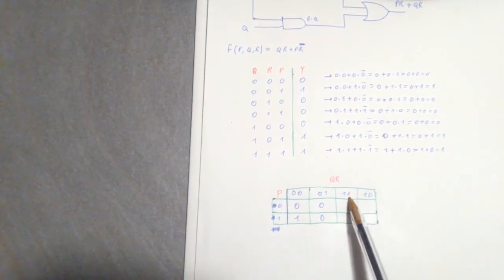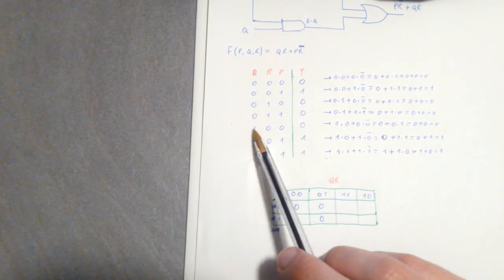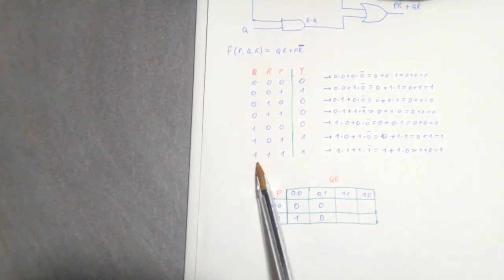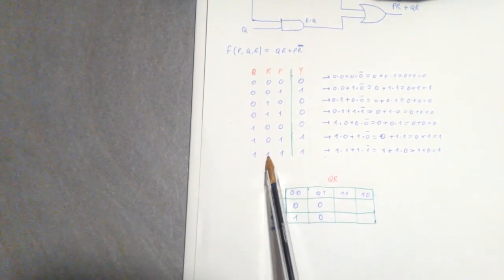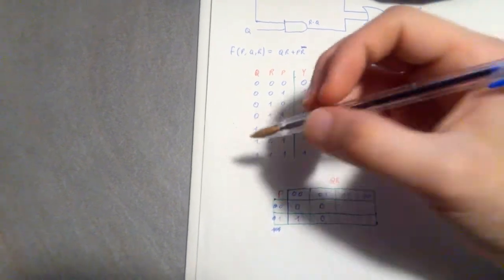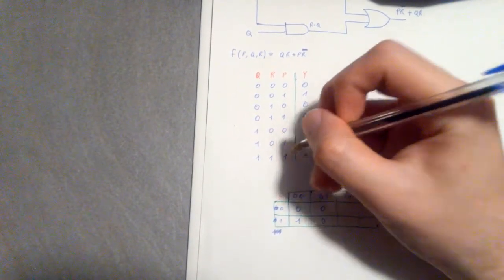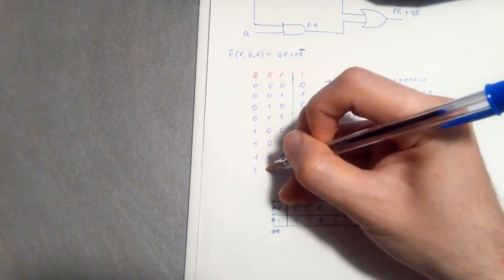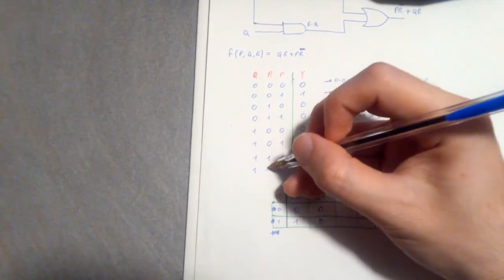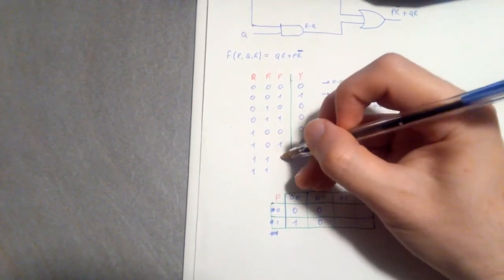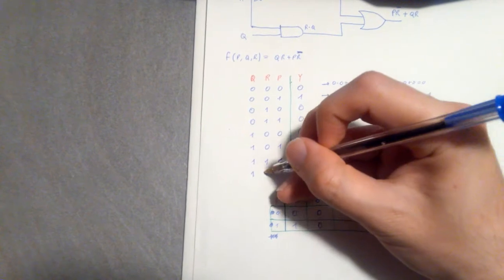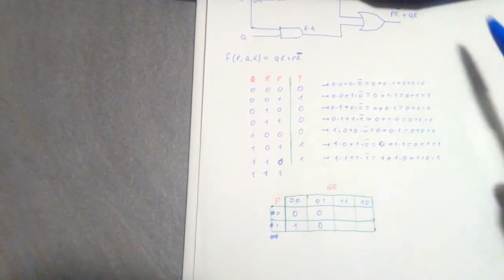Now when QR are 1, 1, oh, there is something missing. Yeah, I was sure I made a boo-boo here. Well, this one should actually be 1, 1, 0, and this one should be 1, 1, 1.